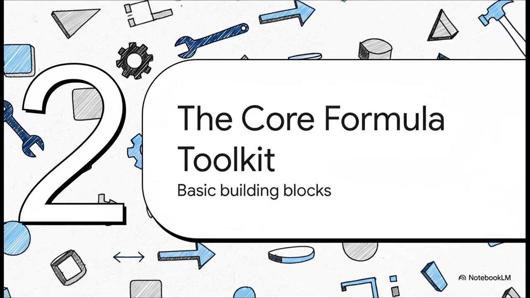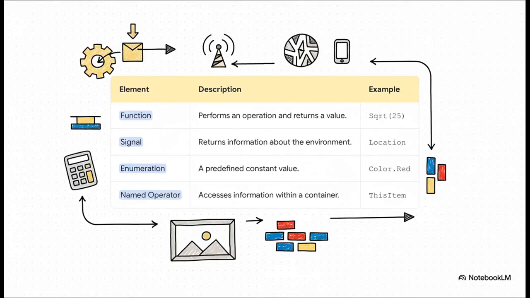Now, you might be looking at some of these formulas and thinking, whoa, that looks incredibly complicated. But here's the secret. Every single one, no matter how crazy it looks, is built from just a handful of simple components. So let's open up the toolkit and see what's inside. I want you to think of these as the Lego bricks for your app. First up, you've got your functions. These are your action words, your verbs, like square root that calculates a square root.